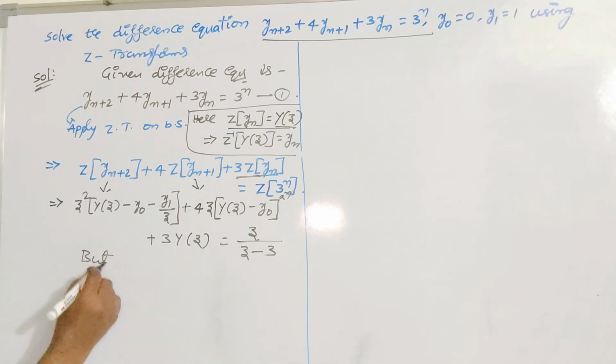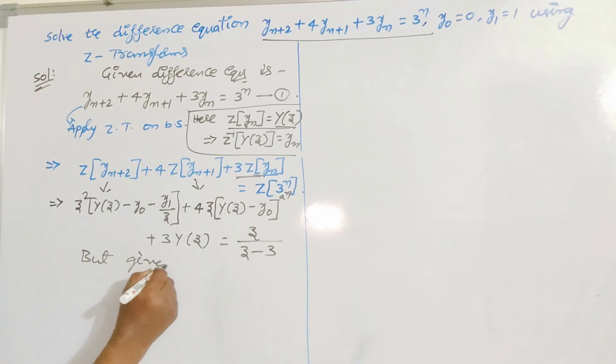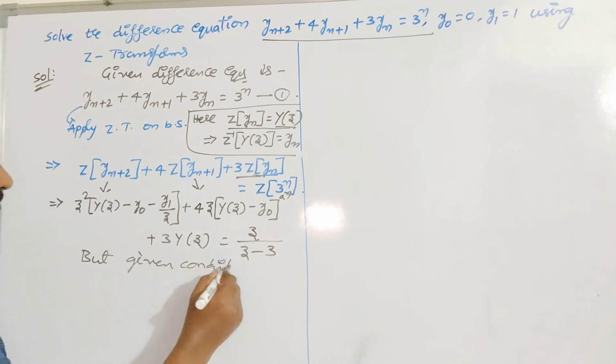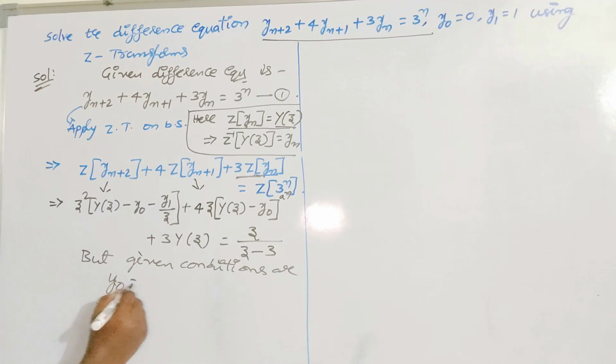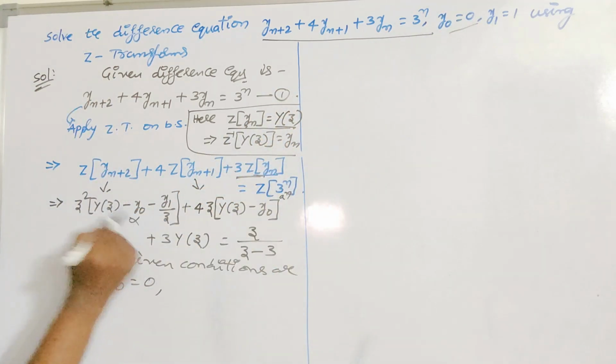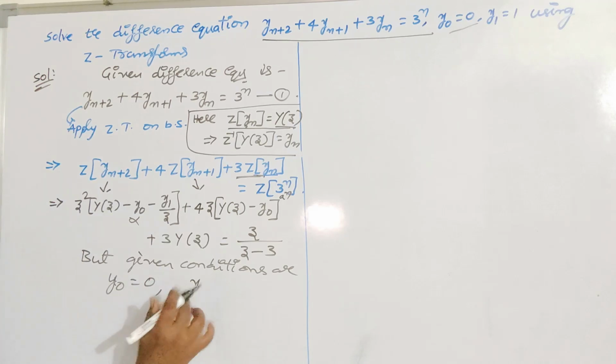Immediately we have to apply the conditions. What are the given conditions? y0 is given as 0 and y1 is 1. So whenever we have y0, replace it by 0 and y1 by 1.